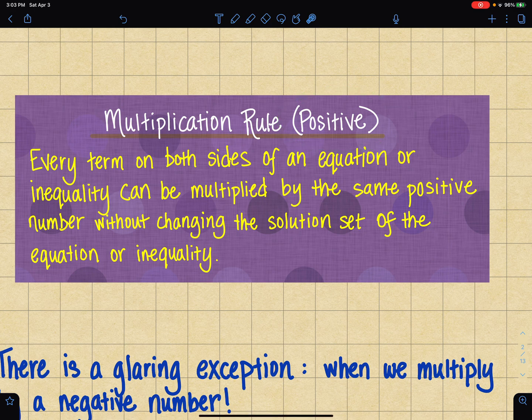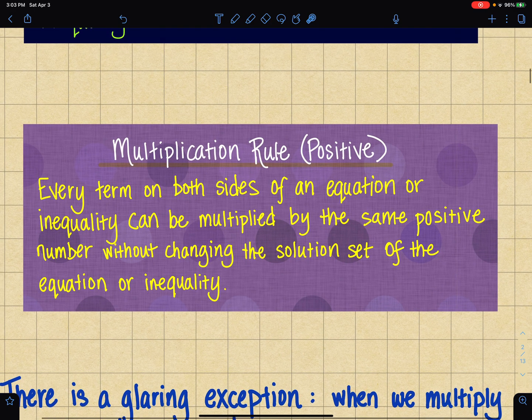Let's go over it. Every term on both sides of an equation or an inequality can be multiplied by the same positive number without changing the solution set of the equation or inequality. What does that mean? If you have x is equal to y, you can change that to 2x is equal to 2y, and you're going to get the same solution set.